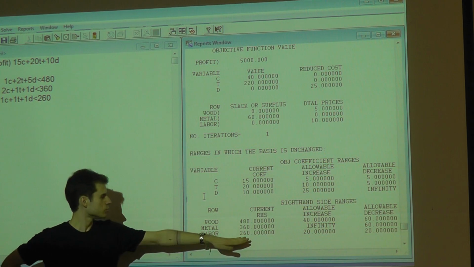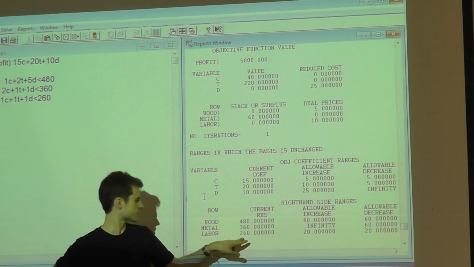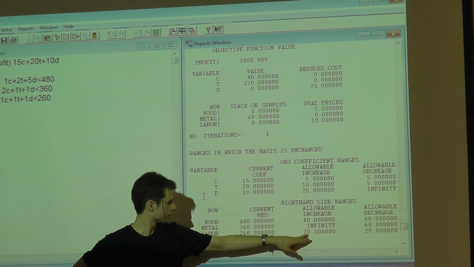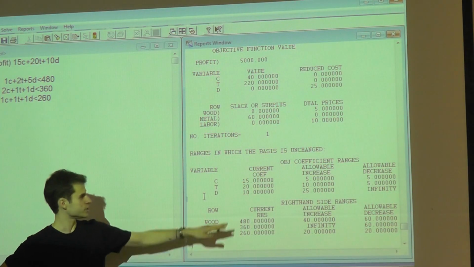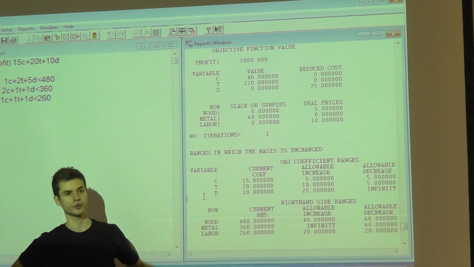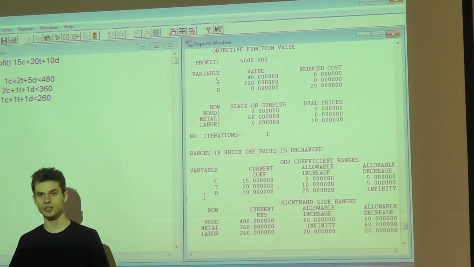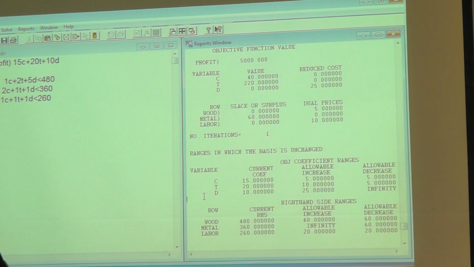Okay, and similarly, of course, for labor. If you increase the amount of labor by 20, you will not get any slack labor. If you increase by 50, you will get some slack labor left.